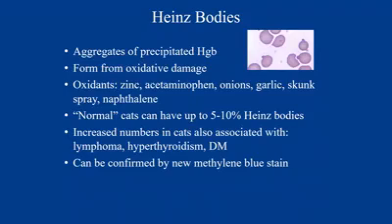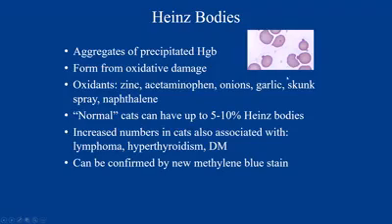What are Heinz bodies? Again, they're aggregates of precipitated hemoglobin from oxidative damage. There are lots of oxidants: zinc, acetaminophen, onions, garlic, skunk musk or skunk spray, and naphthalene, which is in mothballs. If you get enough of any of these, they can cause oxidative damage and hemolytic anemia.